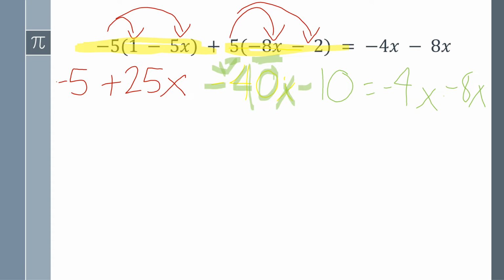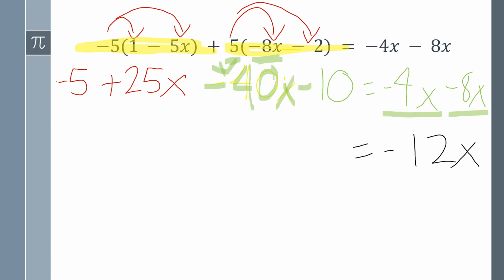So let me do what's on the right hand side of this. I want the right because that's easy. So look, I got negative 4x, negative 8x. When I combine them together, I get negative 12x. Again, you're not multiplying, because when you multiply two negatives, you end up with a positive.